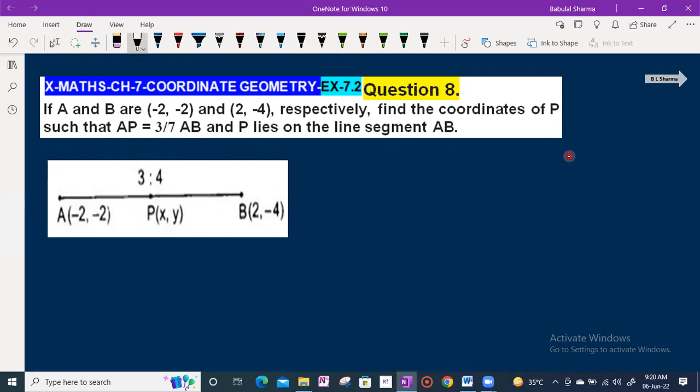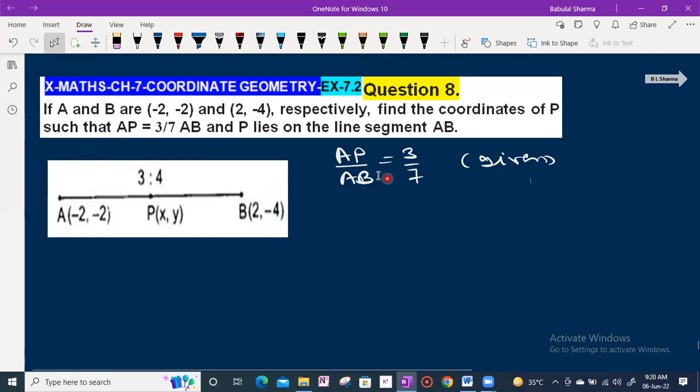So then how to find out, see here, AP upon AB is given 3/7, but we need AP upon PB.